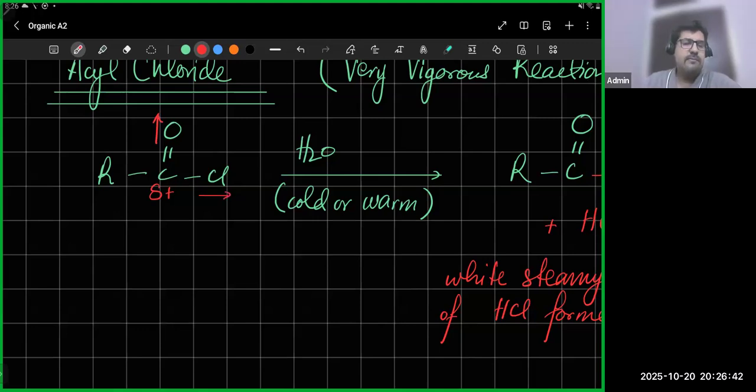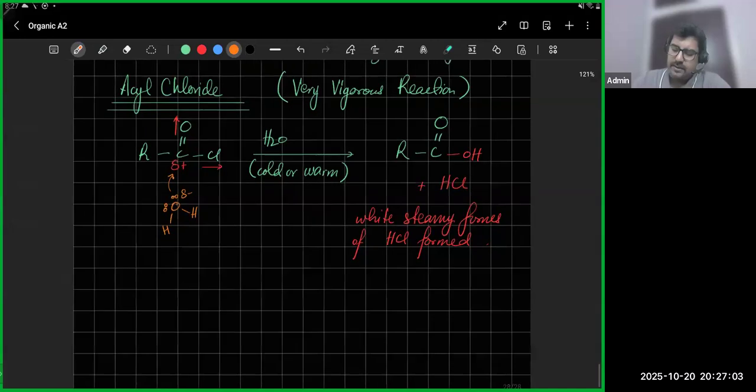And they are pulling the electrons away from it. So the nucleophile, which is water in this case, is going to be very strongly attracted to it. Because that's the simple reason. Okay, the positive charge is extremely strong, and the water is going to be very strongly attracted to this.